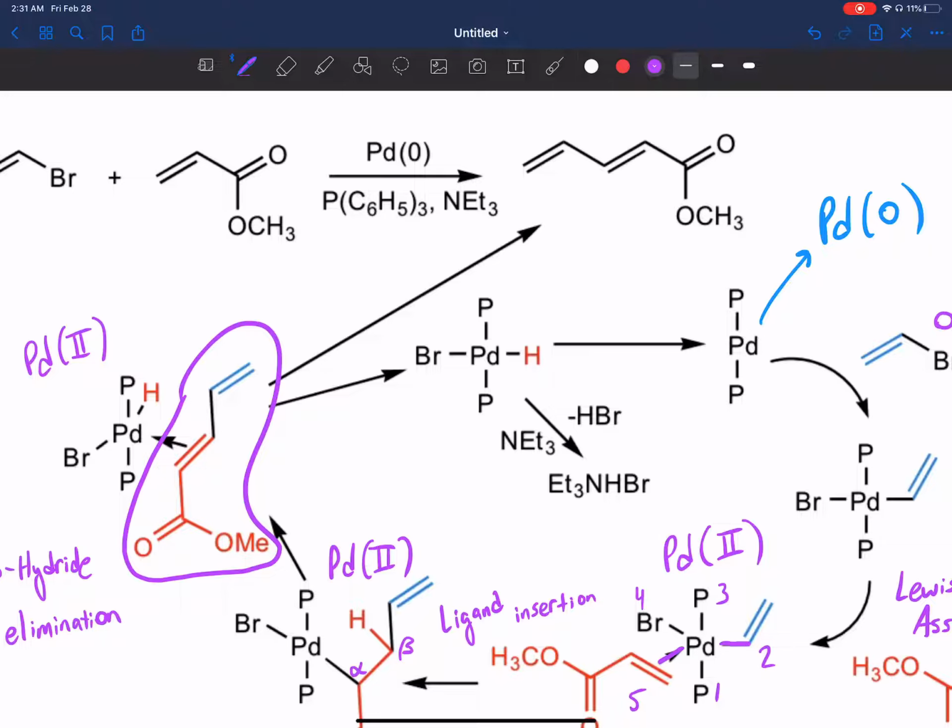So it's an L-type ligand. If an L-type ligand, which does not contribute to my oxidation state, leaves, that is just a ligand dissociation, or a Lewis base dissociation in this case. So I'm going to just write Lewis base dissociation.